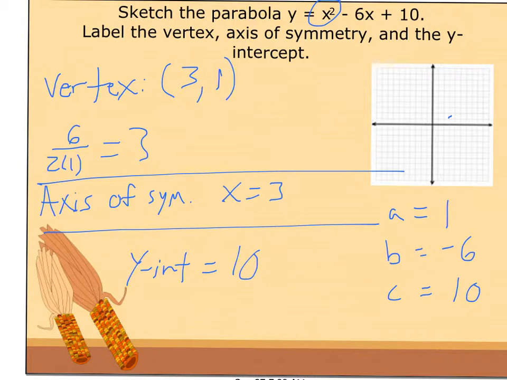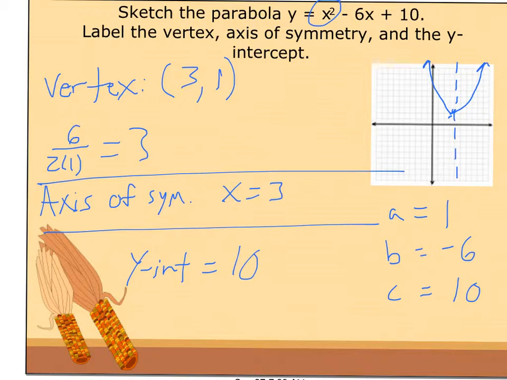Okay. The y-intercept is up at about 10. Okay, something like that. And I'd mark my axis of symmetry right here. I'm going to label all my different components.